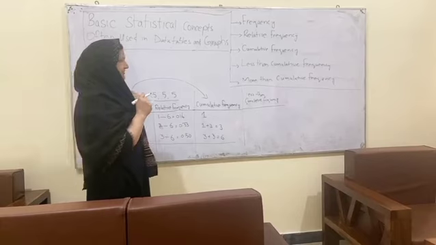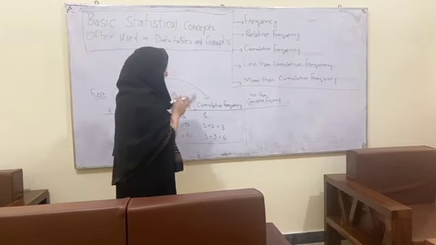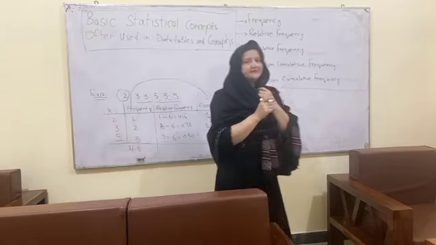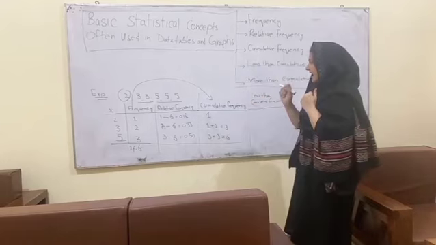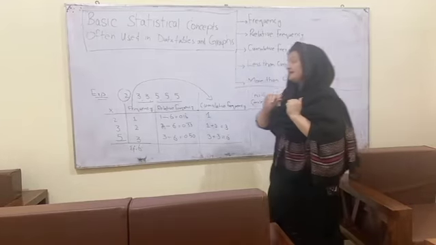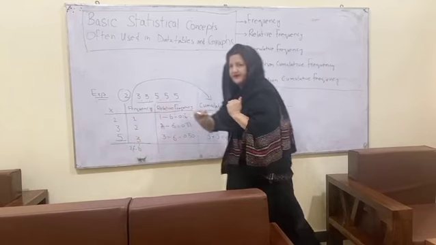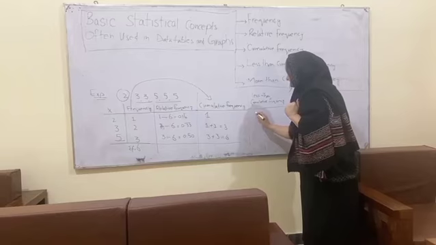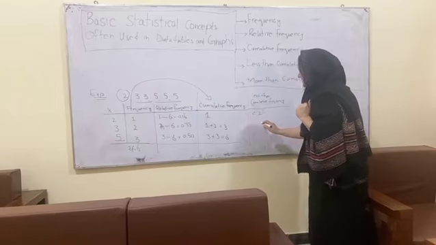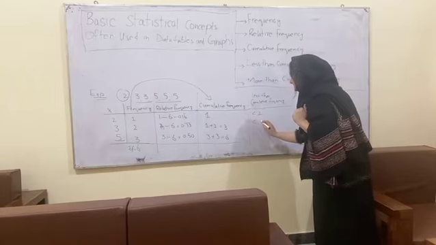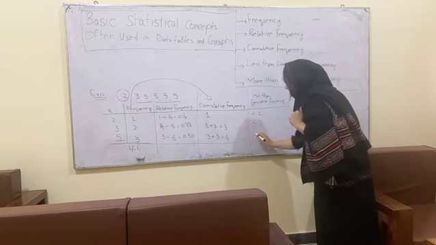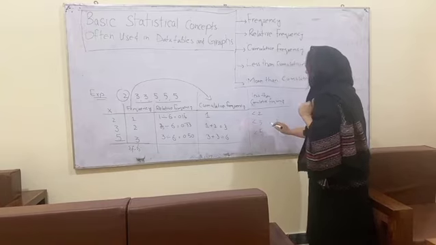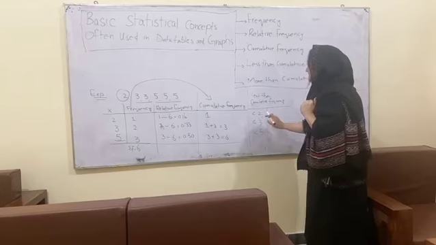Less than cumulative frequency tells us how many values are less than a particular value. For example, less than 2, less than 3, less than 5.